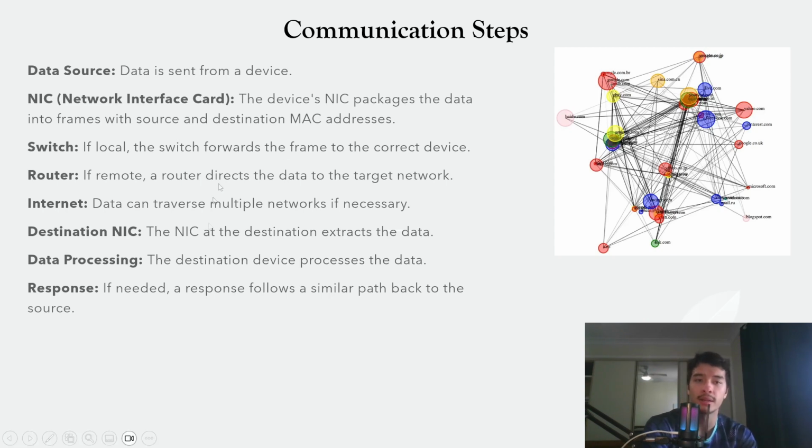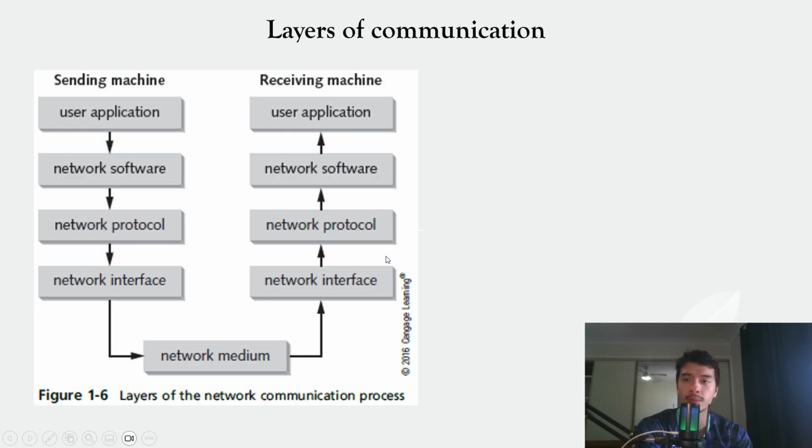Now that's basically the flow of how data is going to be sent in a more or less basic way. Okay? Here's what it kind of looks like. The sending machine will go through the used application, to the software, to the network protocol, to the network interface, to the medium, which will be the cables and all that stuff, and back up.